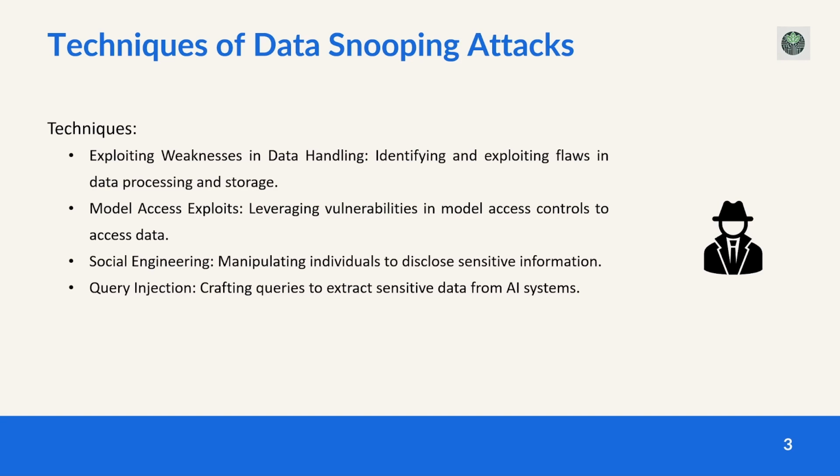This would allow attackers to pull confidential information without detection. Social engineering is another common method. This is going to be where attackers will manipulate employees into sharing access or sensitive details, like phishing. Finally, query injection attacks allow attackers to craft specific queries that bypass security measures, and it will allow them to retrieve the protective information directly from the system.